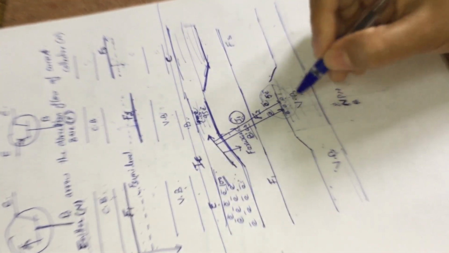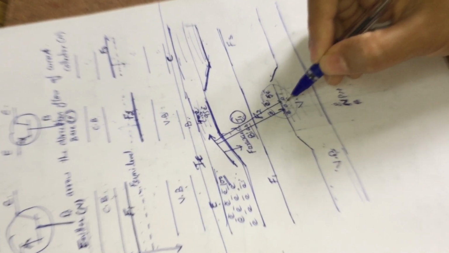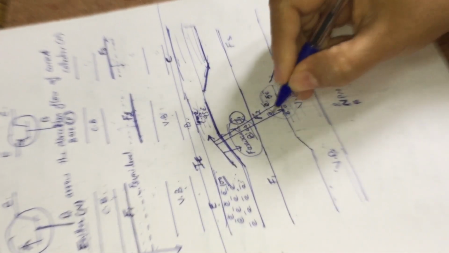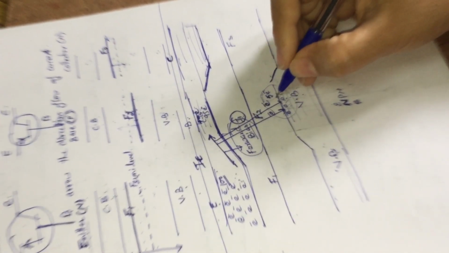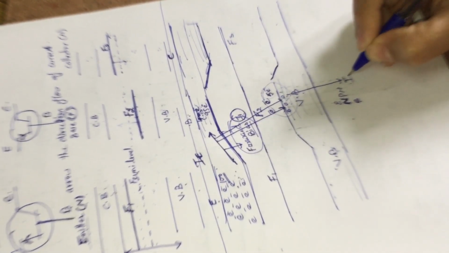Then these 5 electrons which undergo recombination are produced here with the help of our forward biasing, and these 5 electrons will produce a current. That current is known as the base current.